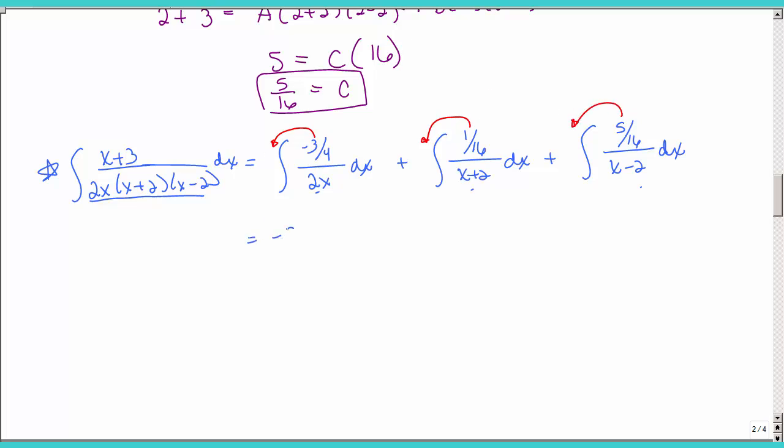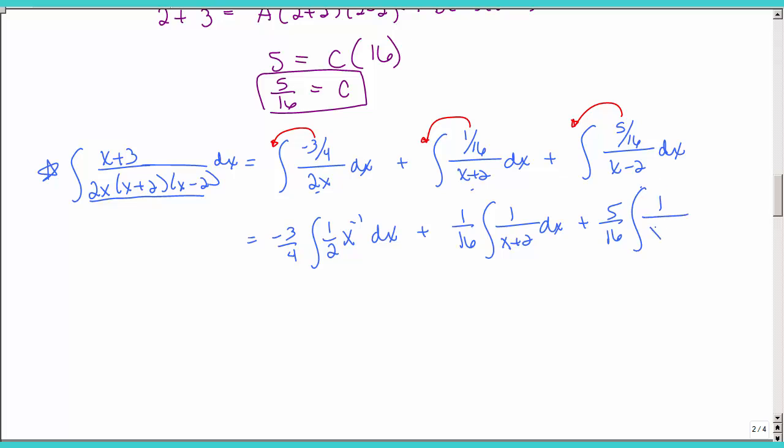And so we have negative 3/4 times the integral of 1/2 x to the negative 1, 1/16 times the integral of 1 over x plus 2, and 5/16 times 1 over x minus 2. So yes, I could join those up, so that's going to be negative 3/8.